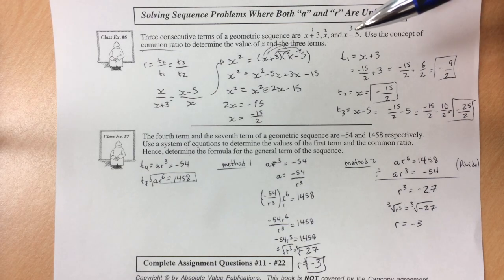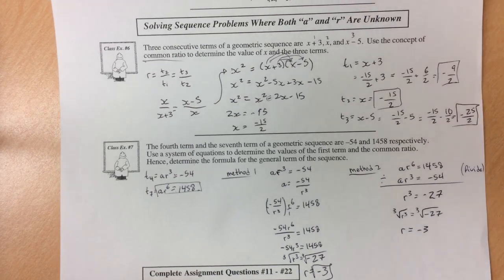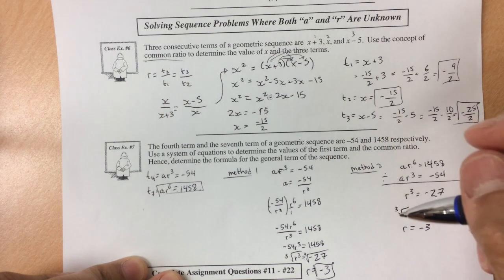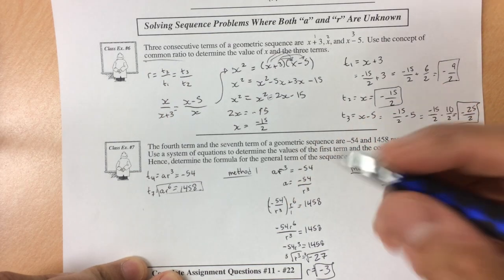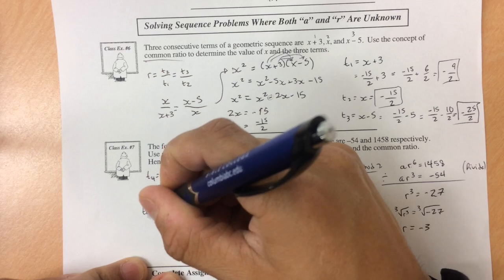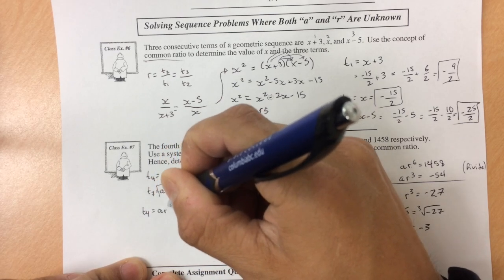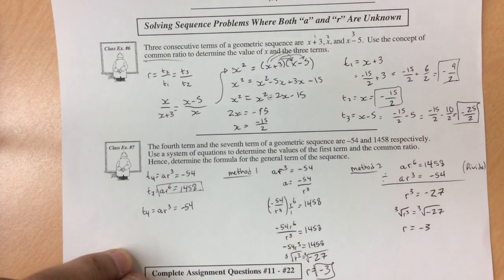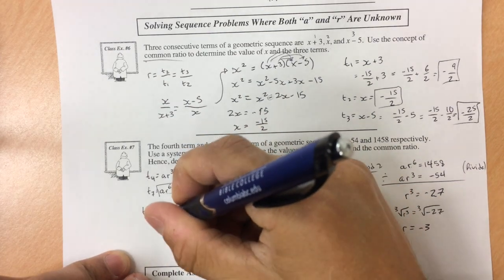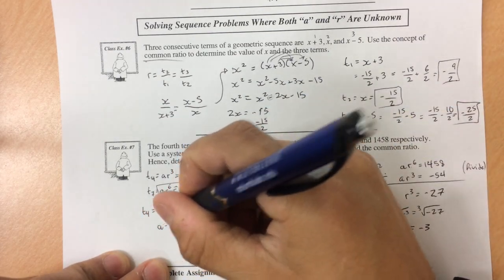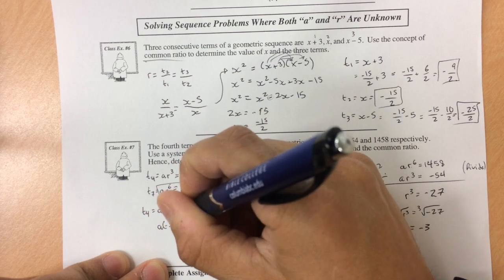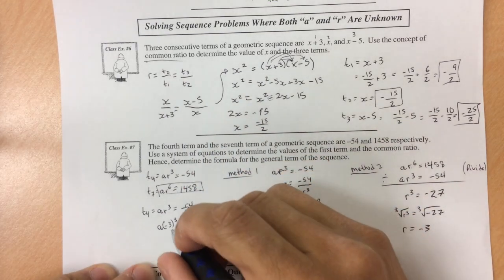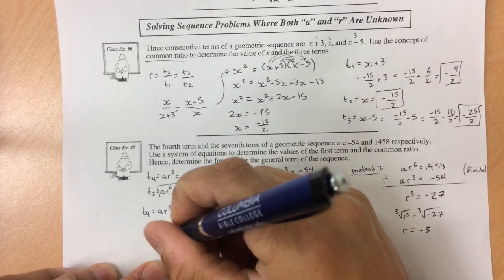Now, the next thing we want to do is find out what term 1 is. We found out what our common ratio is. We can solve for term 1 by plugging it into either part of our equation, but let's use term 4. Term 4 was equal to a times r to the power of 3 is equal to negative 54. a is our unknown, but our common ratio is negative 3, so negative 3 to the power 3 gives negative 27.